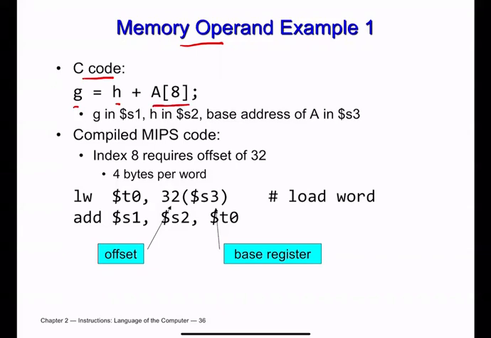Our job actually is to go a little bit deeper, and we need to understand how we can implement this in detail, and how the assembly language will handle something like that.